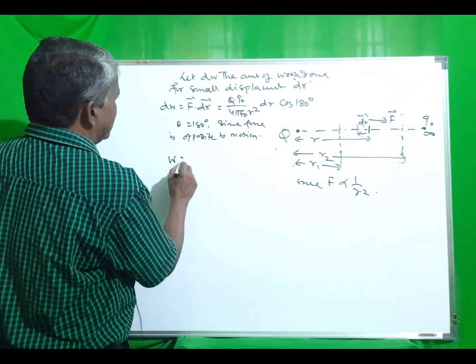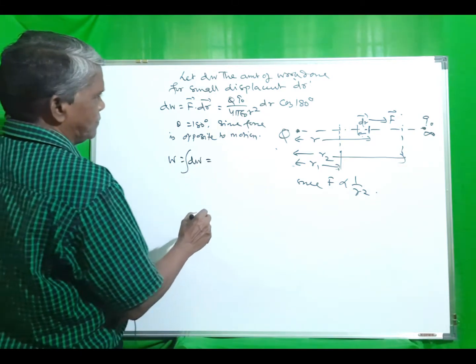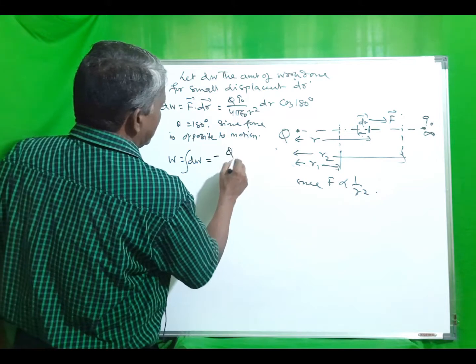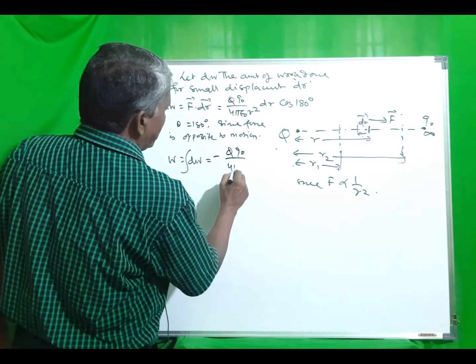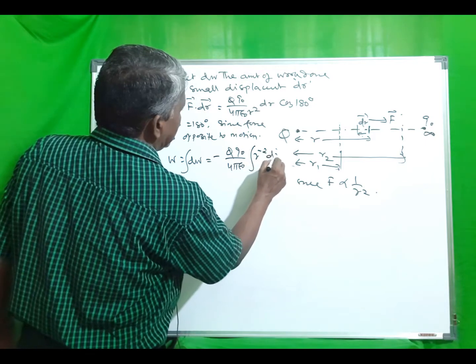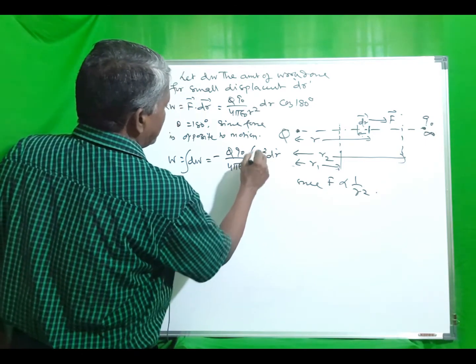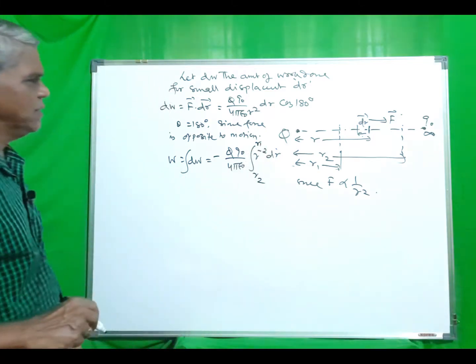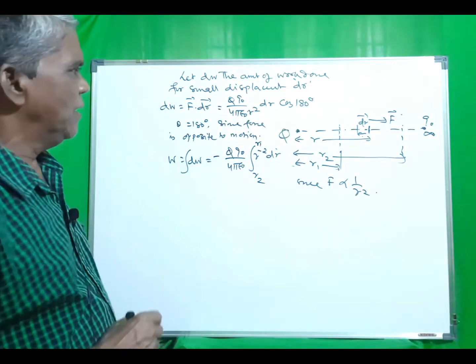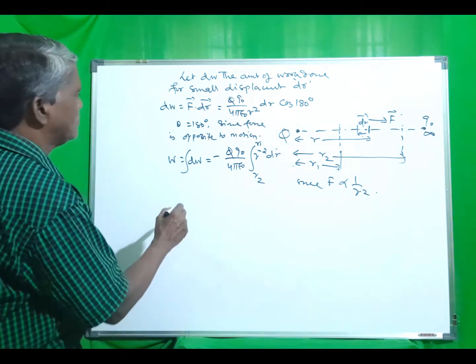Or W is equal to the integration of dW, that is minus Q q naught by 4 pi epsilon 0 r to the power minus 2 dr, with limits, suppose it is moving from R2 to R1, initial position R2 and final position R1.